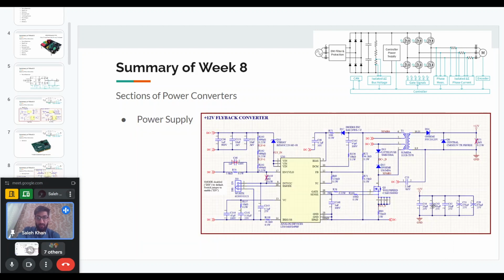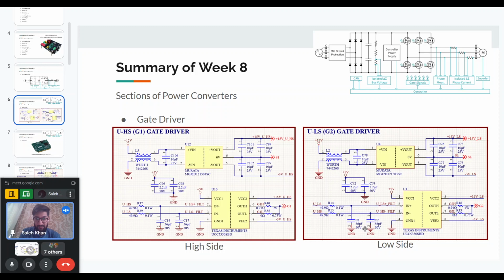So next, all these circuits that we talked about, that is the gate drive circuit, the sensing circuit, or the interfacing circuit, they all require some power supplies. For example, if we see the gate driver, it has this Murata DC-DC converter. It has plus 12 volt supply.